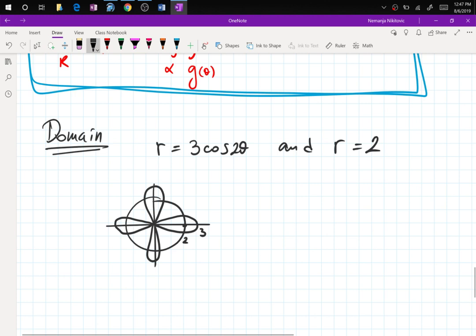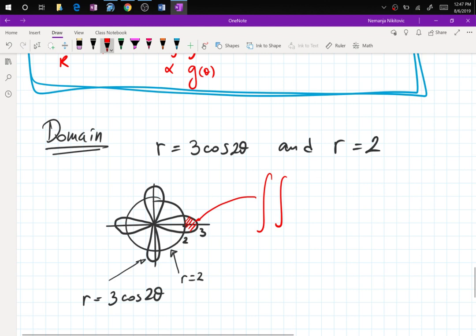So now I have that the flower equation here is r equals 3 cosine 2 theta, and I have a circle equation r equals 2. If I want just one of these difference pieces, well, that piece there would go as limits on the integral.